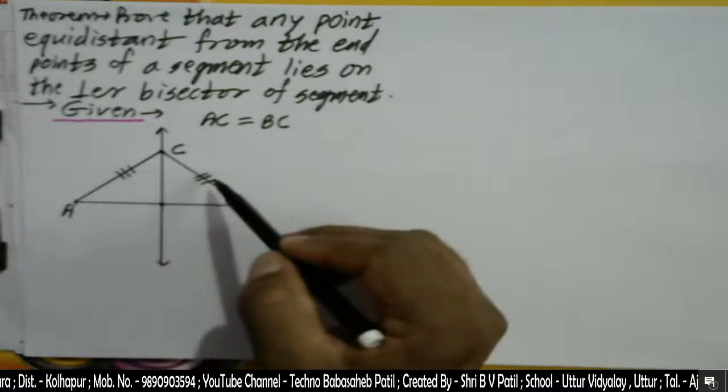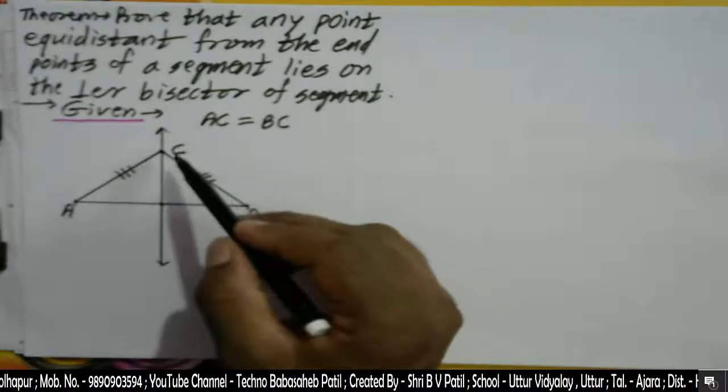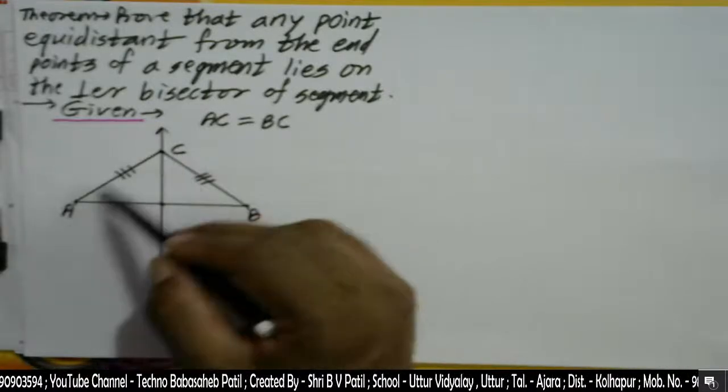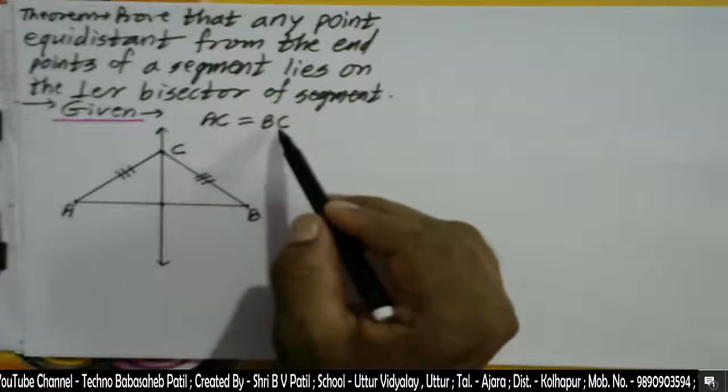Point C is equidistant from A and B, that is AC and BC distance is similar.